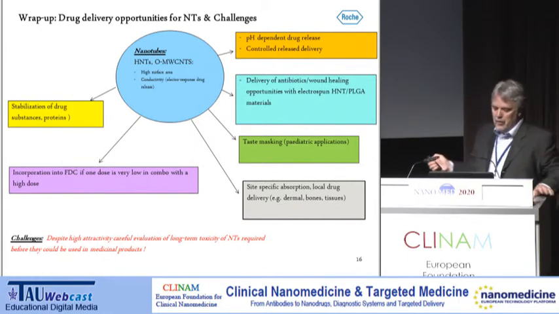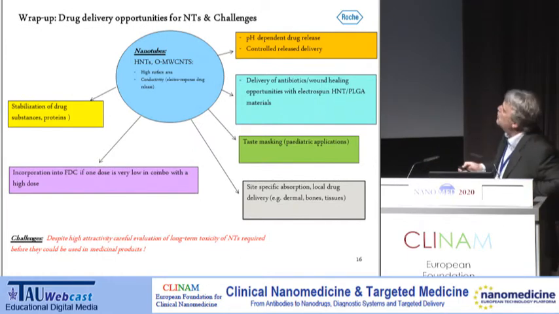This is an overview which shows you the potential application of these nanotubes, the clay nanotubes or the oxidized carbon nanotubes, in the pharmaceutical industry. It could serve for stabilizing pharmaceutical drugs, maybe also proteins.